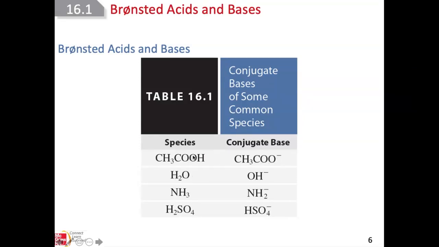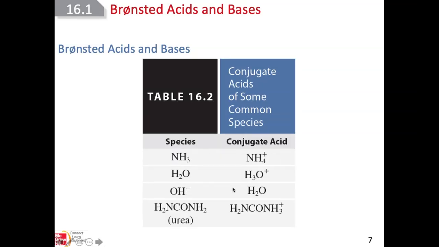H2O, take out H plus, you get OH minus, its conjugate base. NH3, if it donates H plus, its conjugate base is NH2 minus. And H2SO4, take out H plus, you get HSO4 minus. So those are the conjugate acid and base pairs.